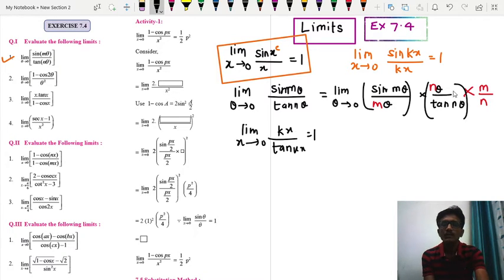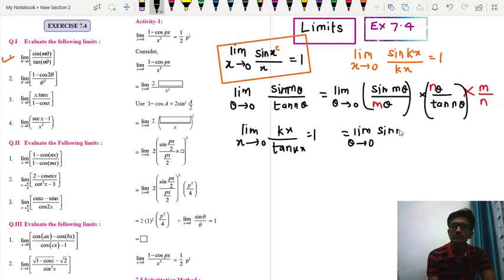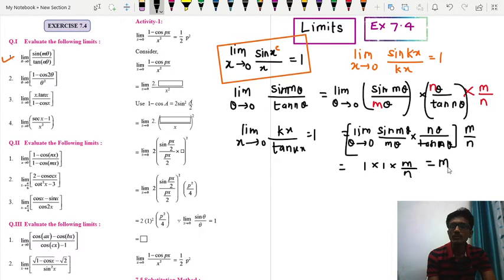So therefore this limit is equal to limit theta tends to 0, sin of m theta upon n theta, into limit theta tends to 0, n theta upon tan of n theta, and here this m upon n is constant. So this limit is equal to 1, this limit is equal to 1, and m upon n. So your answer will be what? M upon n.